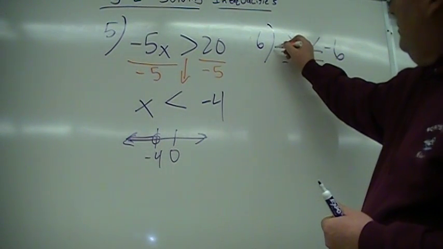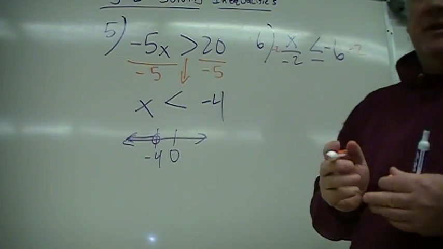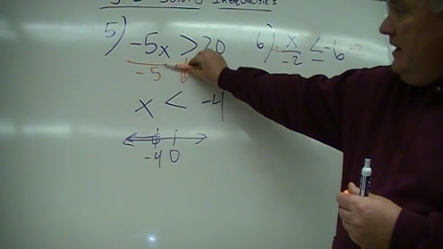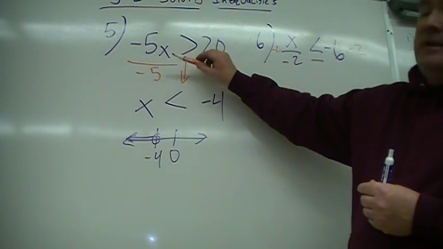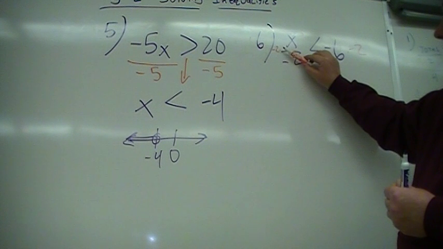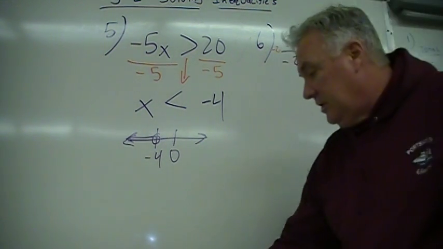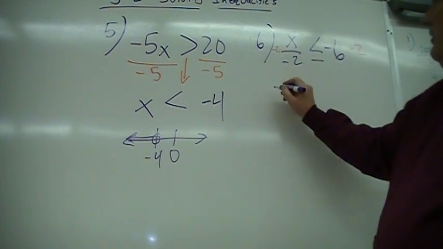Same here. Divided by negative 2, times negative 2. The rule is, when you divide by a negative number or multiply by a negative number, change the sign. Those cancel.